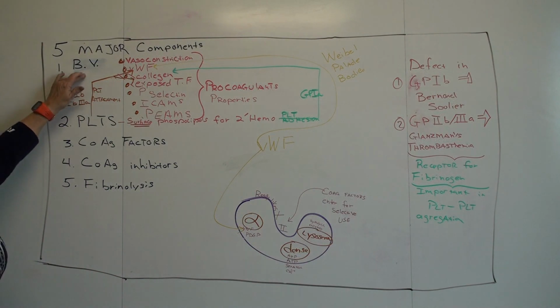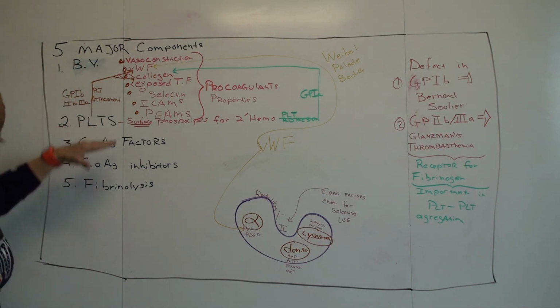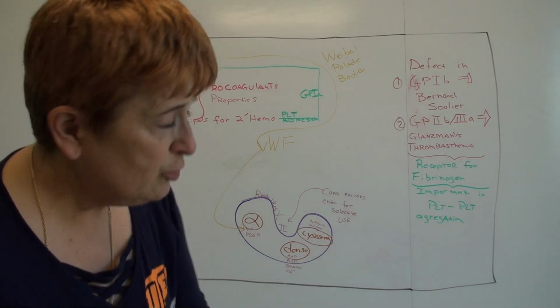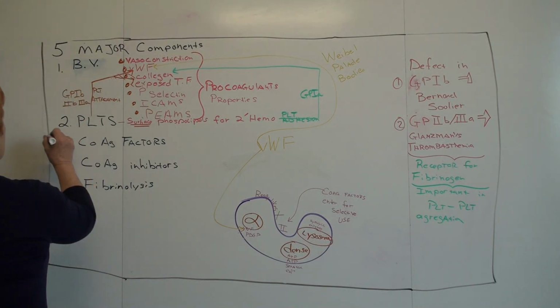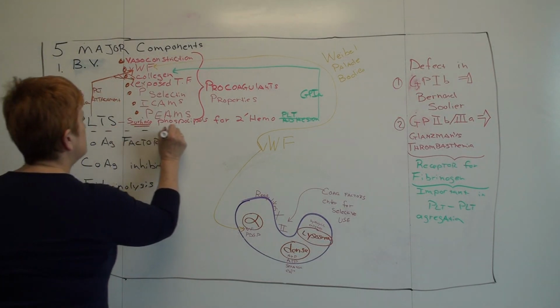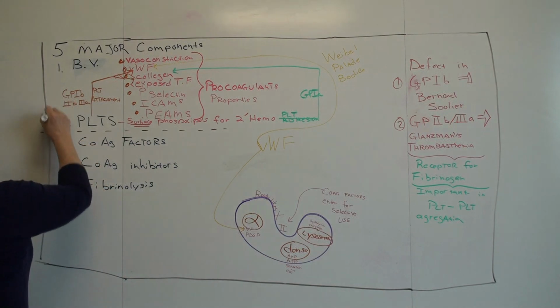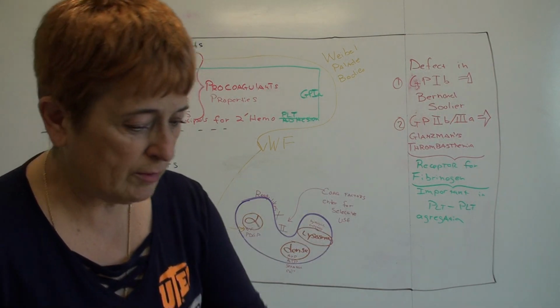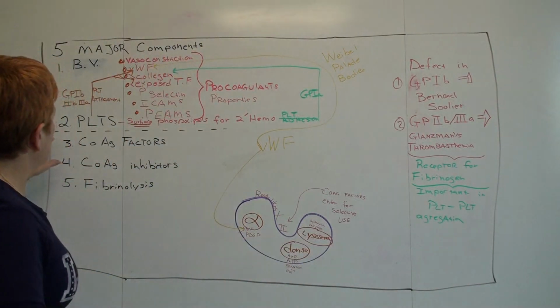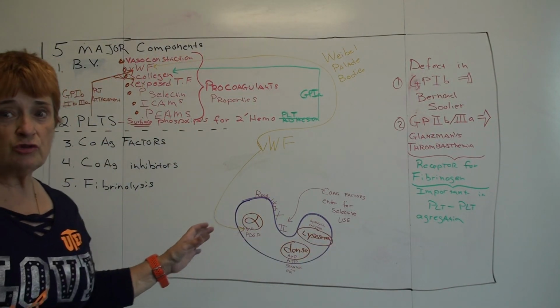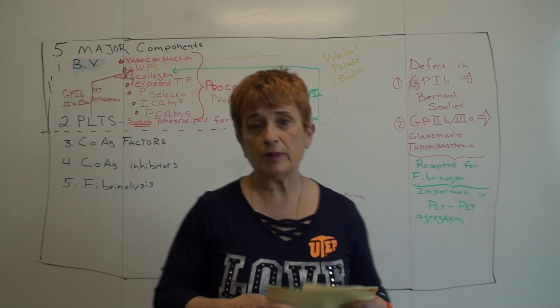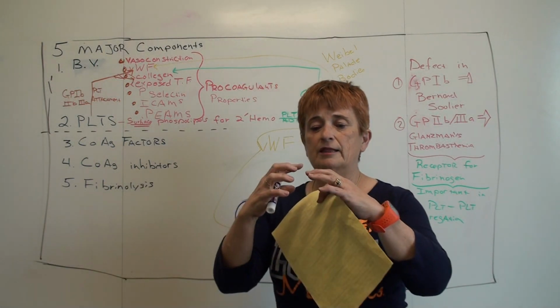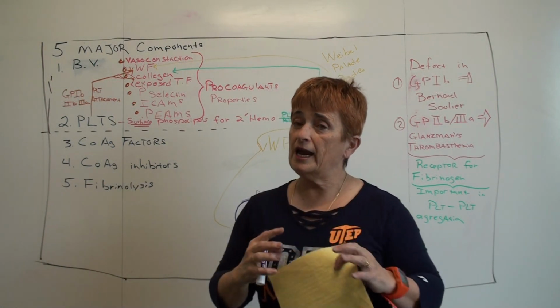Now, after the blood vessels, we have the platelets. And I want you to remember that the blood vessels and platelets, this area here, is called your primary hemostasis. Okay, primary hemostasis. All right, your platelets. Now, what do the platelets do? They come together. When the platelets come together, they have to adhere first, and they aggregate.